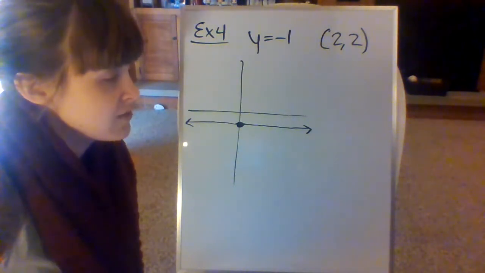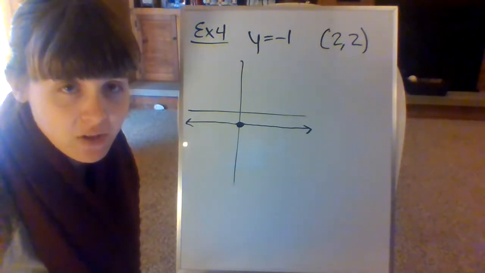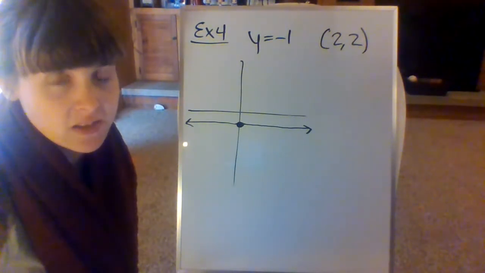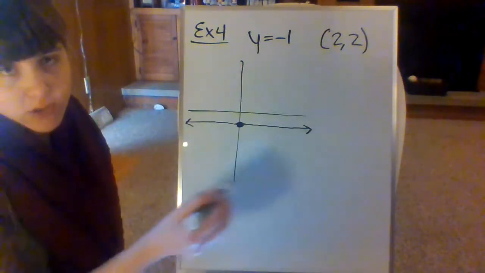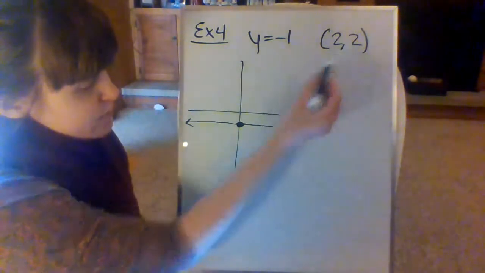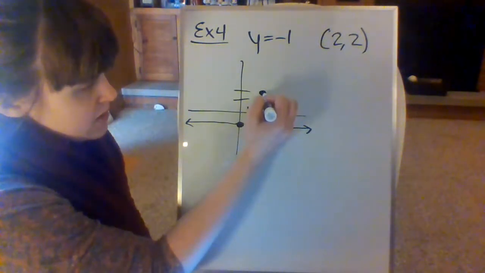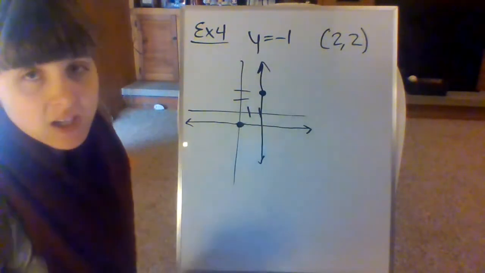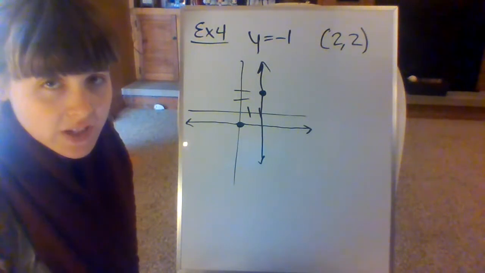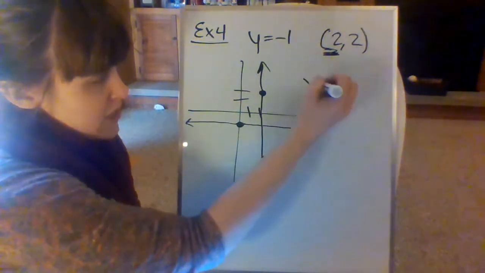Okay, so if this is a horizontal line, perpendicular to it to make a 90-degree angle would have to be a vertical line, straight up and down. And straight up and down lines are always x equals a number. And if it has to pass through the point 2, 2, it would have to be a vertical line that passes through 2, 0.